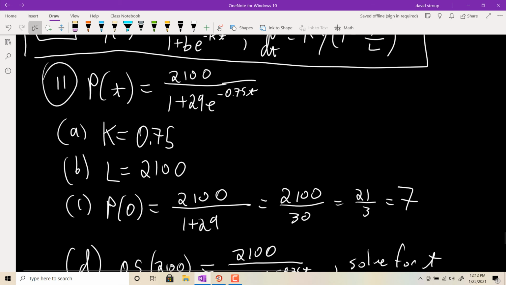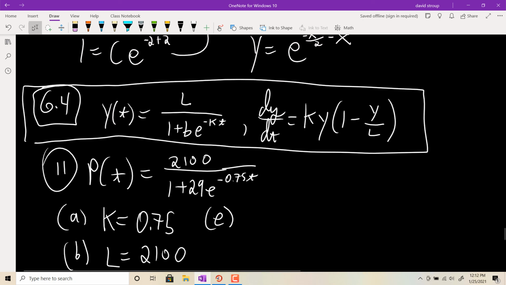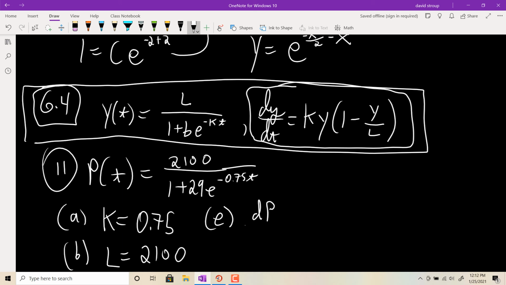Part E, they want you to write out the logistic differential equation. So you should have that formula memorized. This thing right here, you got to have that memorized. So you're just filling in the K and the L. You have to be a little careful, I think, though, and the computer's going to be a jerk about it. Use a capital P if the original equation is given as P of t.